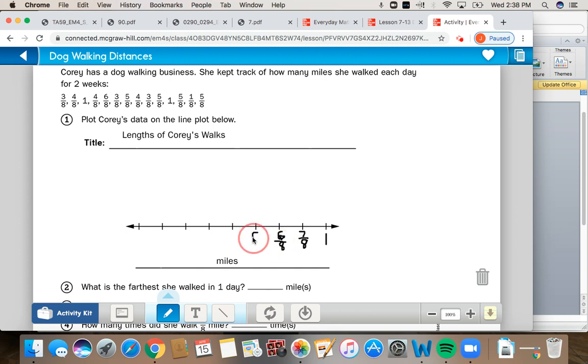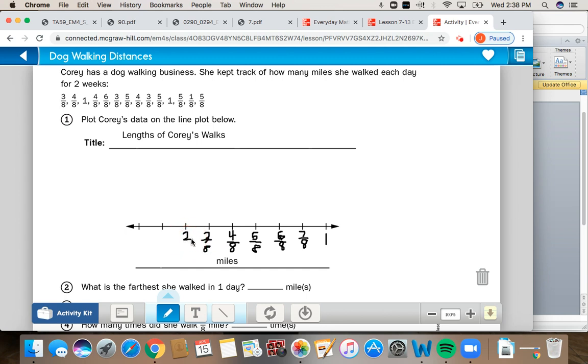This would be 5/8. Whoops, please pardon my writing. 4/8. Whoops, I apologize.